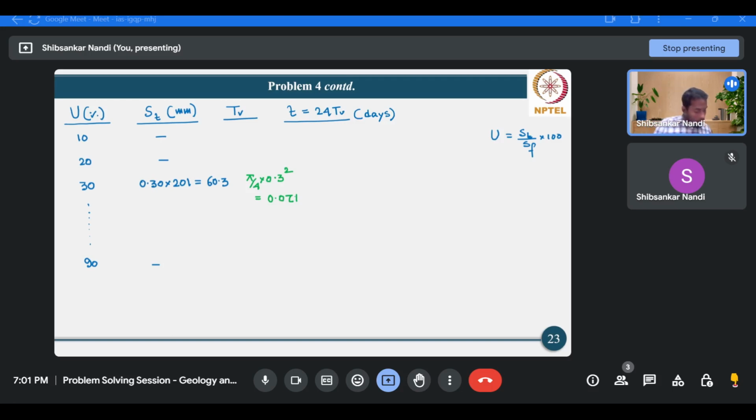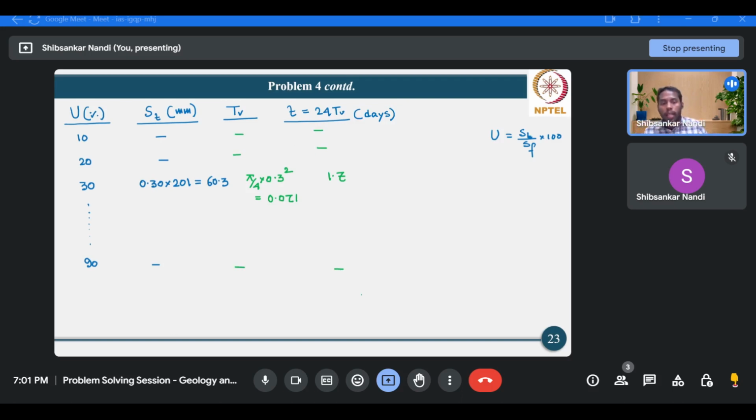Therefore your T will be 24 multiplied by 0.071. So that is 1.7. So this is an example for 30%. So you can also calculate for any other degree of consolidation.